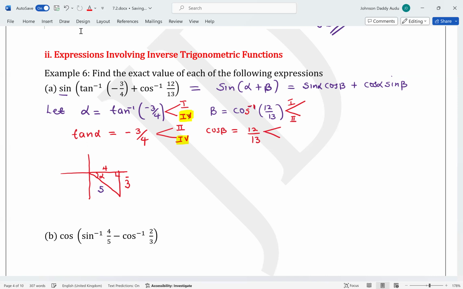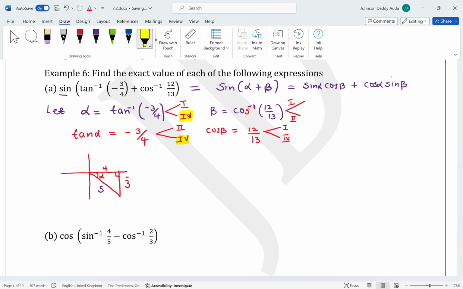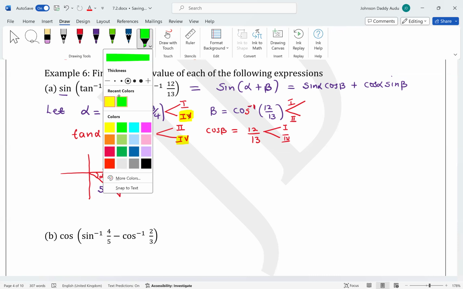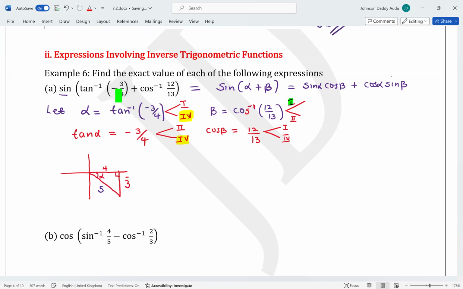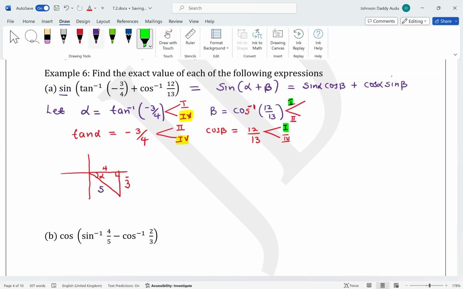But this means that cosine is positive, so it's either in the first or in the fourth quadrant, right? And now you will see that the common quadrant here is quadrant number 1. So we're going to be in quadrant number 1.